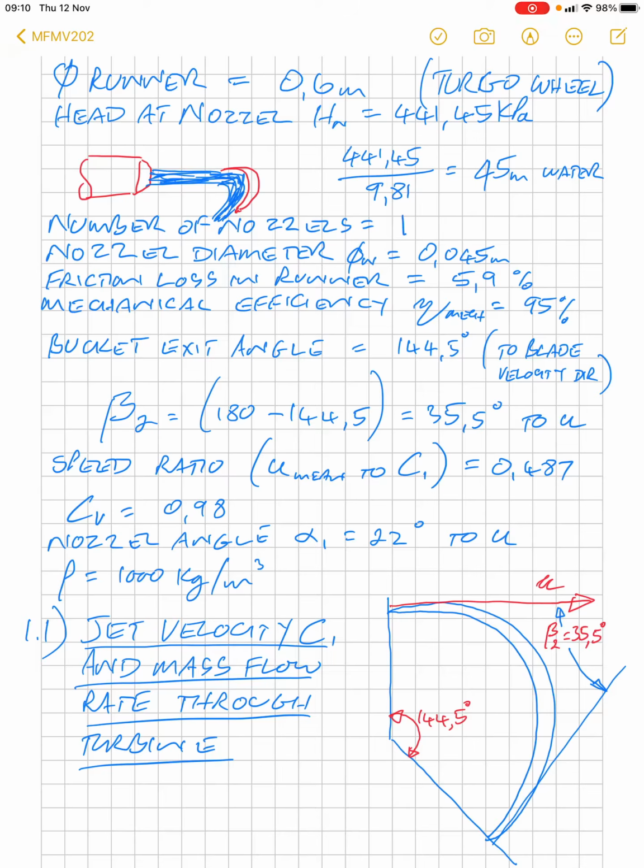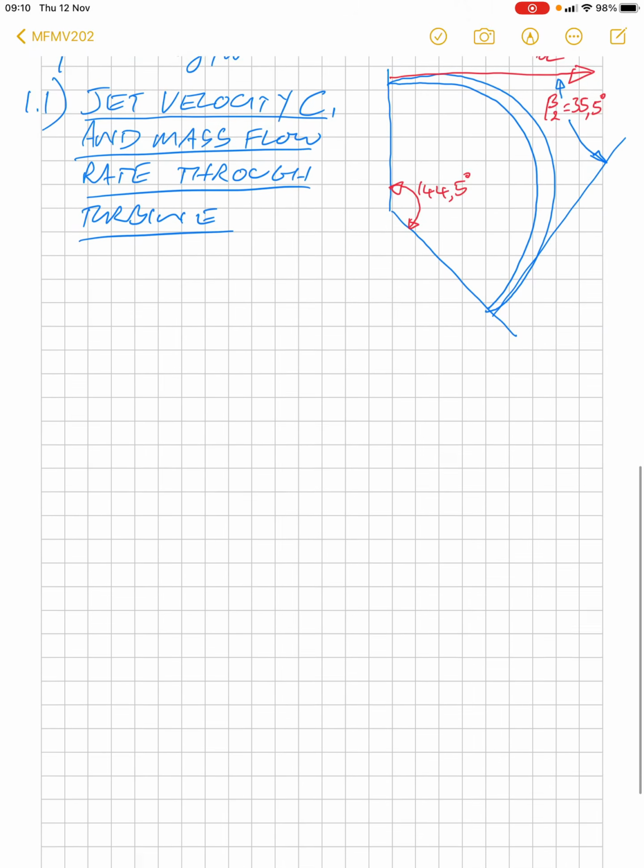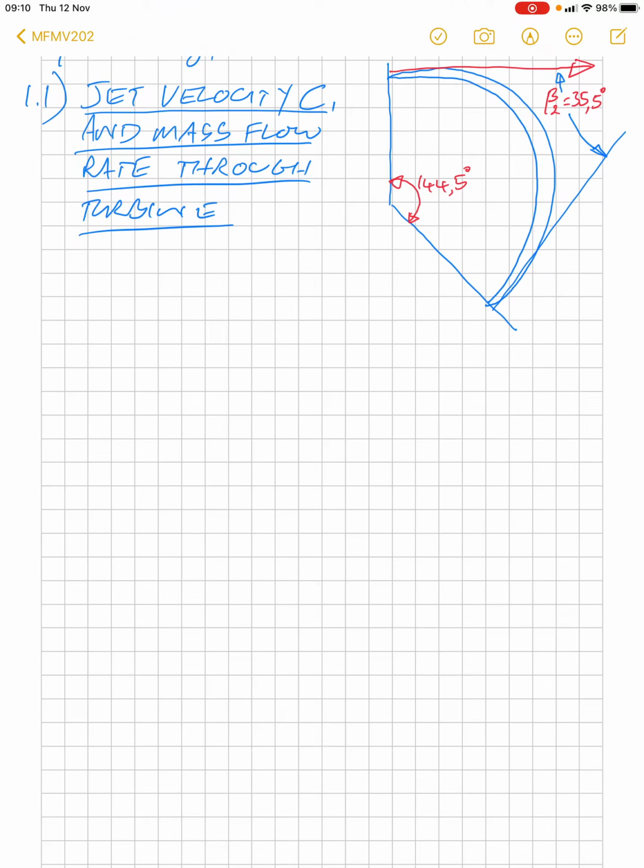So our first question is the jet velocity C1 and the mass flow rate through the turbine. So let's look at how do we calculate the jet velocity. So C1 is the coefficient of velocity times the square root of 2gH_N, which is the head of the nozzle.